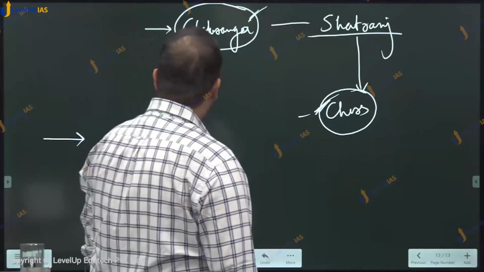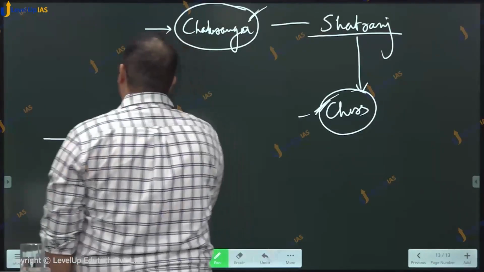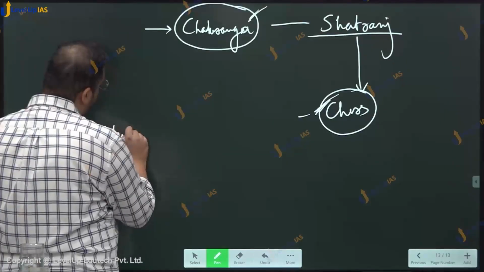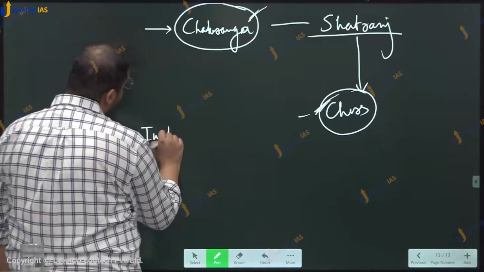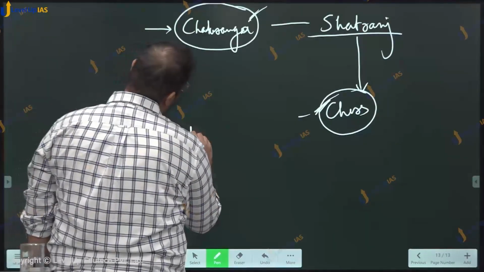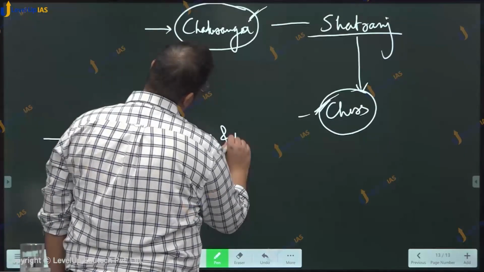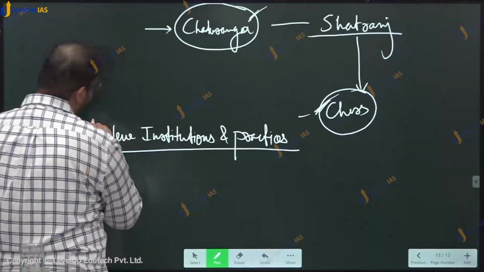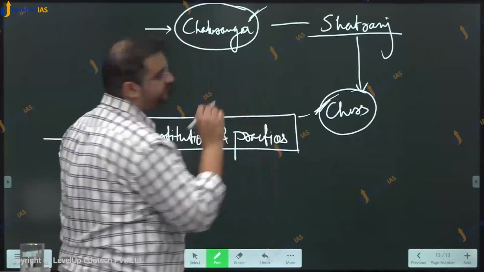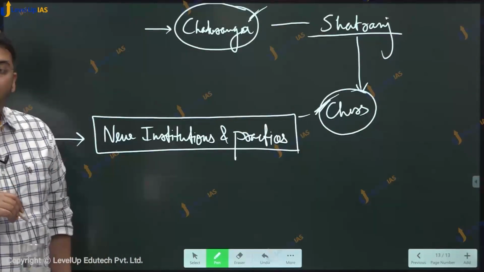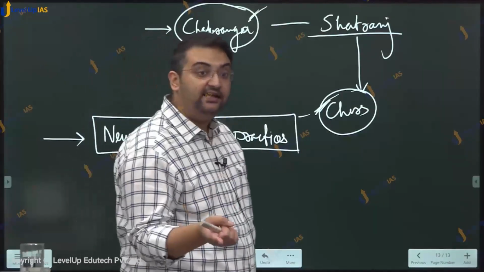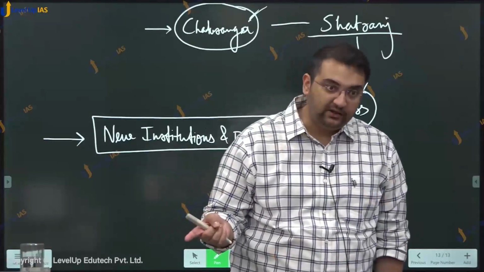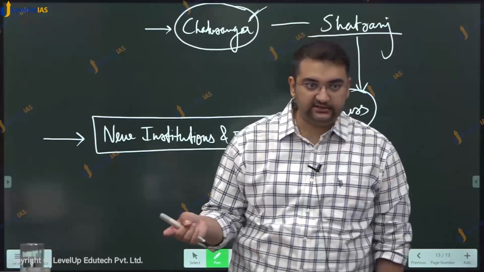And as part of that experiment, several new institutions and practices were introduced, which would be adopted and perfected later by the other Islamic rulers such as the Turks.